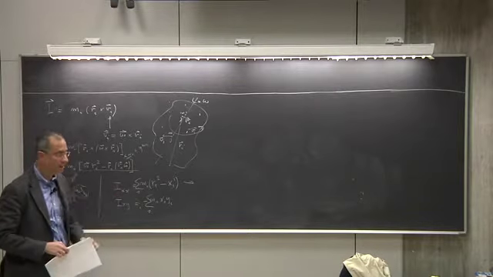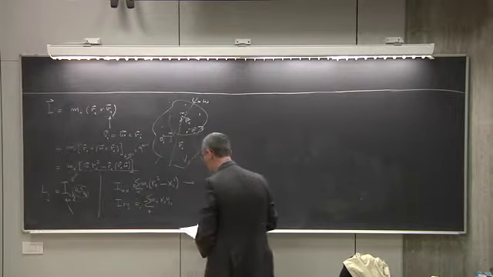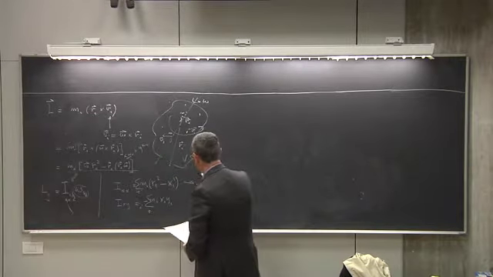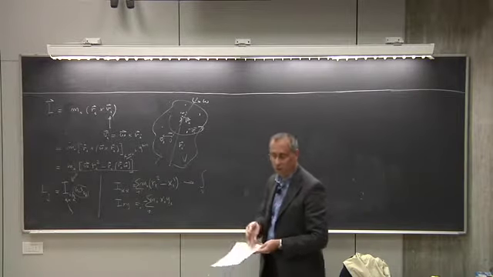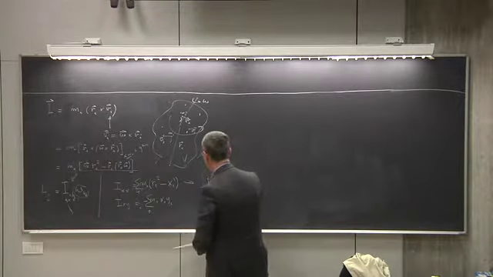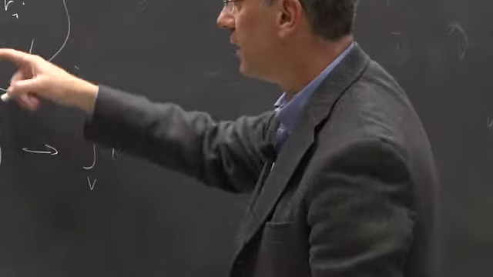You integrate over the volume of your rigid body. And therefore, this is just the integral over the volume of the density of mass that we call rho. So this is the mass of the body divided by the volume.